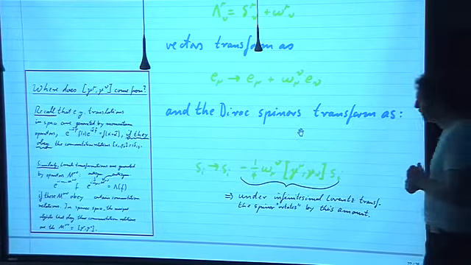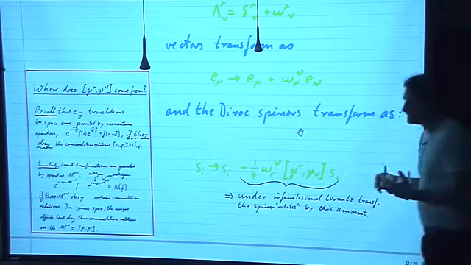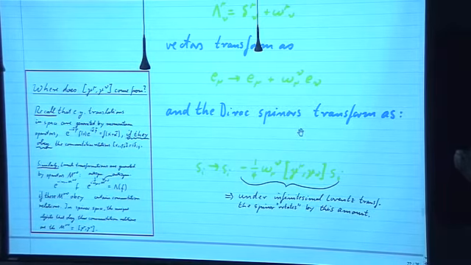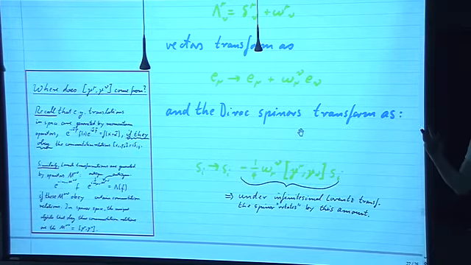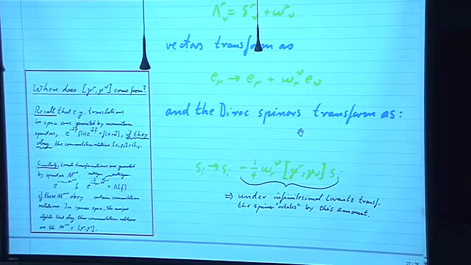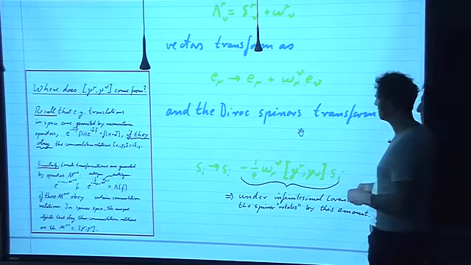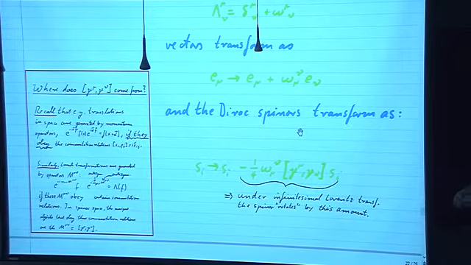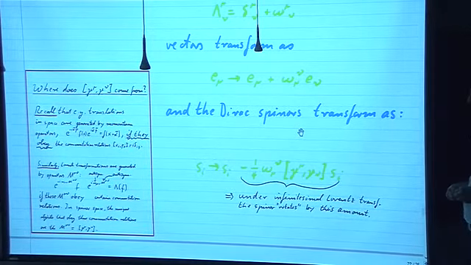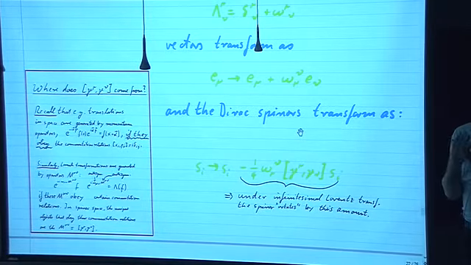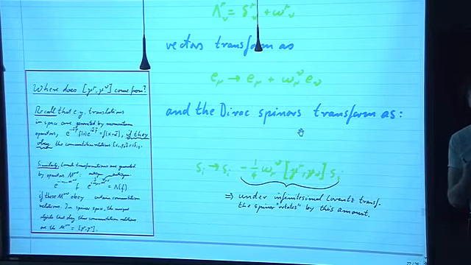Remember that when you are dealing with a rotation, rotations are generated by angular momenta. If you exponentiate angular momentum operators, then you get rotations. And those angular momentum operators have a particular algebra. They have a particular set of commutation relations with one another.